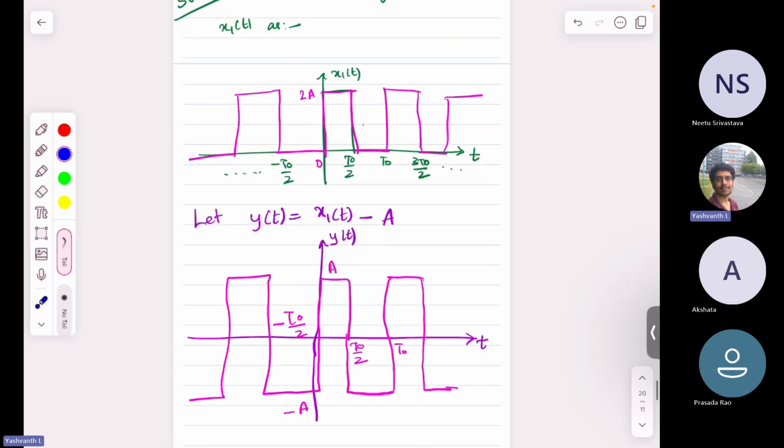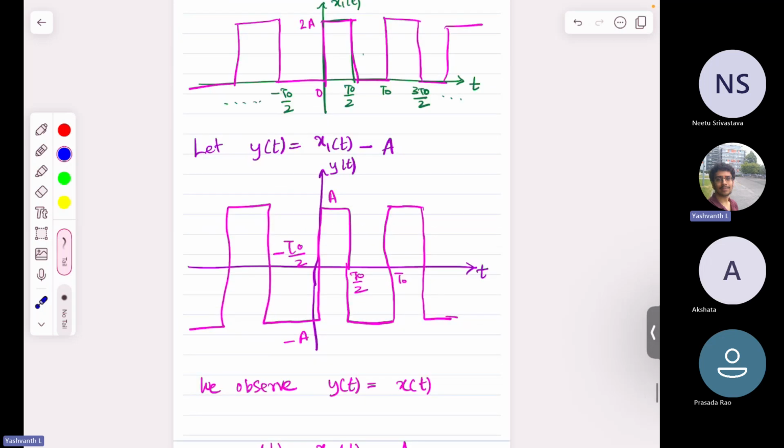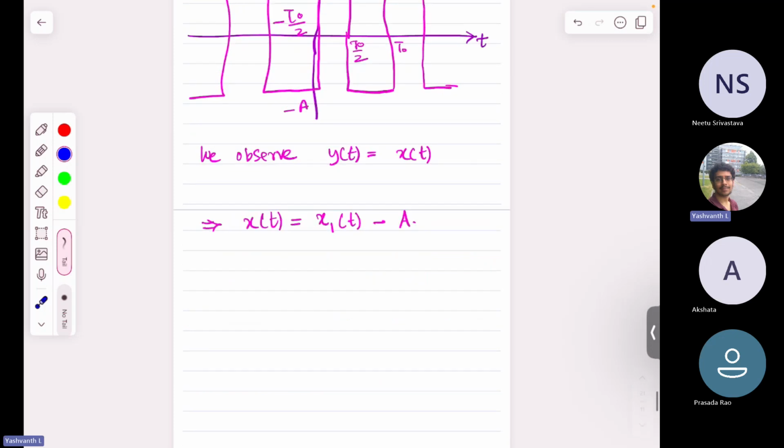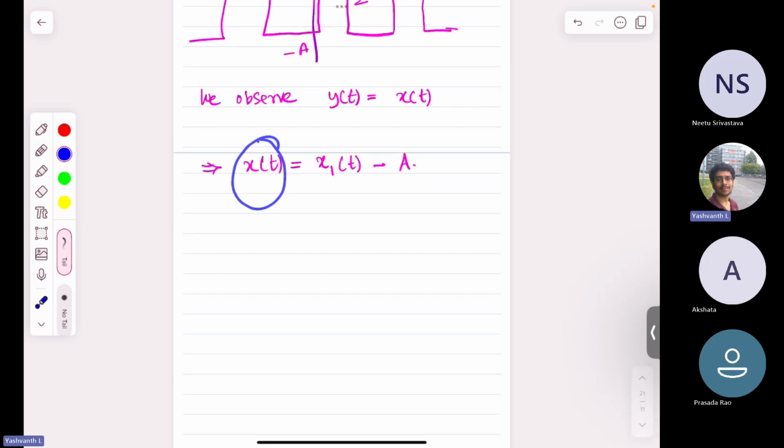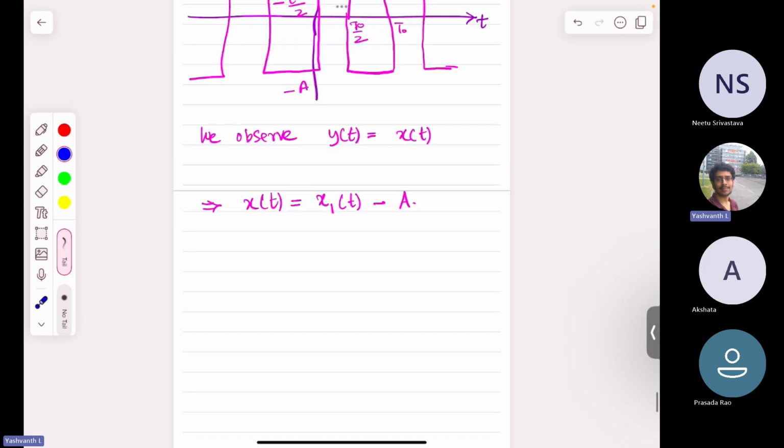Then just subtract a. So the Fourier series expansion of x of t will be the Fourier series expansion of x1 of t minus a. That's all. What I'm trying to show is, if I know the Fourier series of some other signal already, and I can establish the relation between the asked signal and the known signal, then the Fourier series will also be direct. You need not go through the computation of CK, AK using integration techniques.